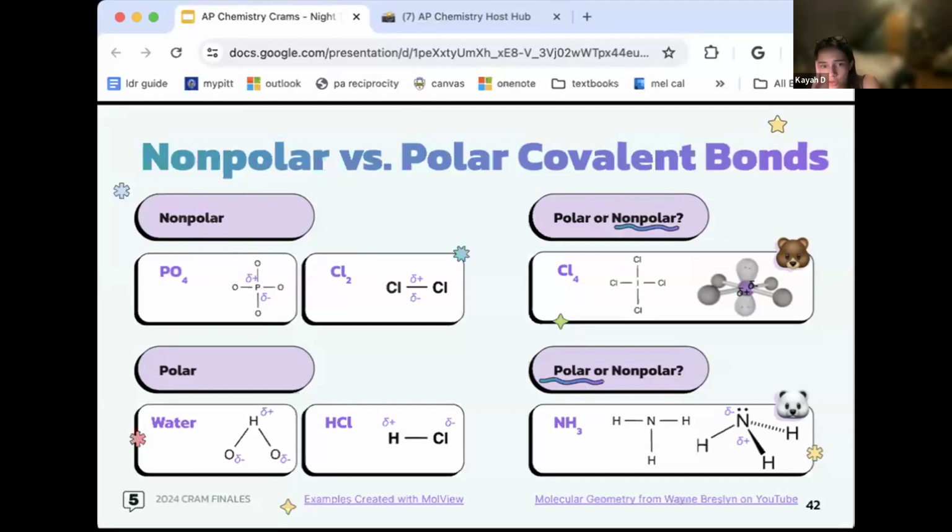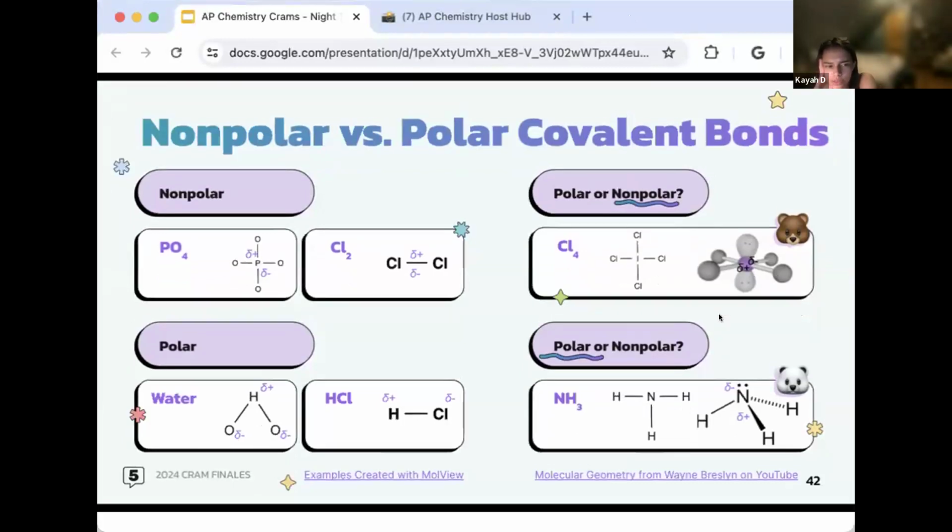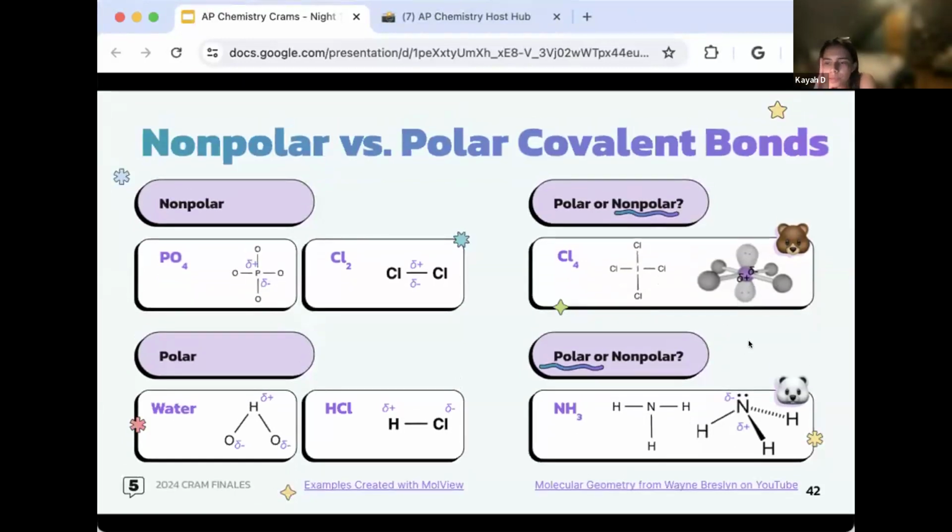For example, with water, we have a partial positive and partial negative charge. So when I hear polar, I think of magnet. And when I think of nonpolar, I think of not magnet, which means there are no partial charges, positive or negative. It cancels out evenly, so it's not positive or negative charged anything. That's what I like to think of when it's polar or nonpolar.